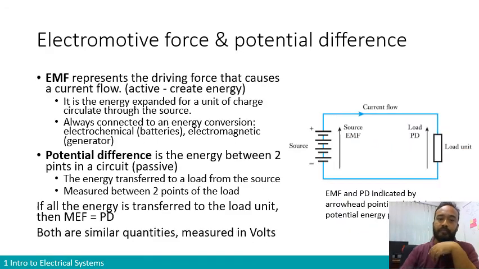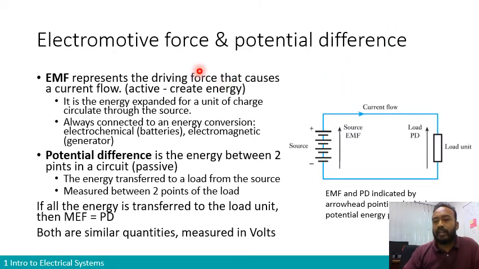Just now we talked about the difference of potential, right? The difference of potential is what creates that current. It is what we call electromotive force and potential difference. Both of them are usually known as voltage, but sometimes we need to distinguish between the terms electromotive force and potential difference.